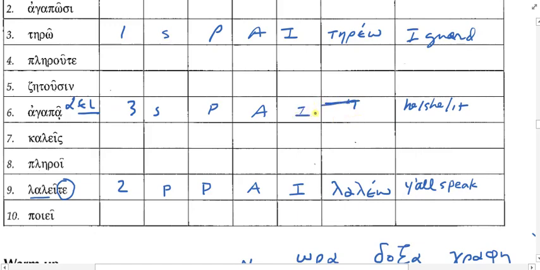It's not agapo, but agapao, because this is a contract verb. Okay, so agapao. All right, so he, she, or it. How did you translate it? Is loving? Loves. That would be the best way to do it. He, she, or it loves or cherishes. Okay.